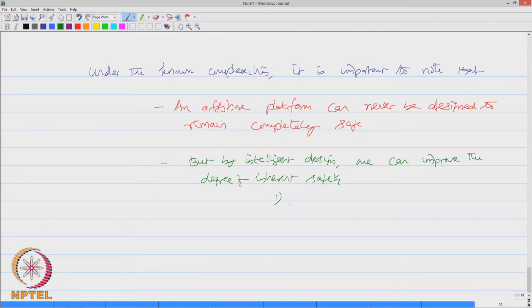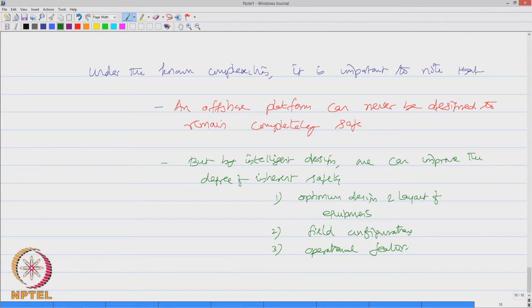One, optimum design and layout of equipments, field configurations, operational features and fire resistance, in fact including explosion or blast resistance, because we do not include them as separate. Blast and explosion resistance are an inherent part of fire resistance.